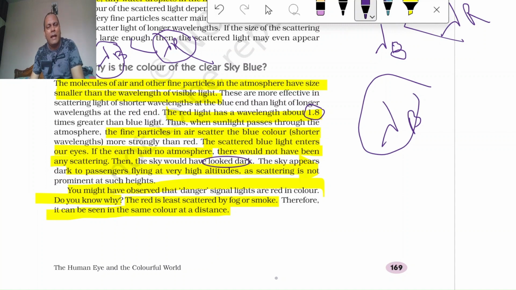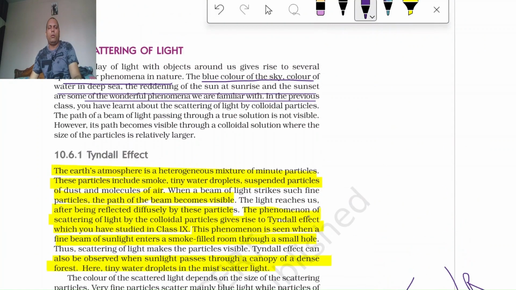Red light is not scattered that much, so we do not observe the sky as red. But if there were no atmosphere around our earth, in such a scenario the sky would look dark. So this is all about our light chapters.